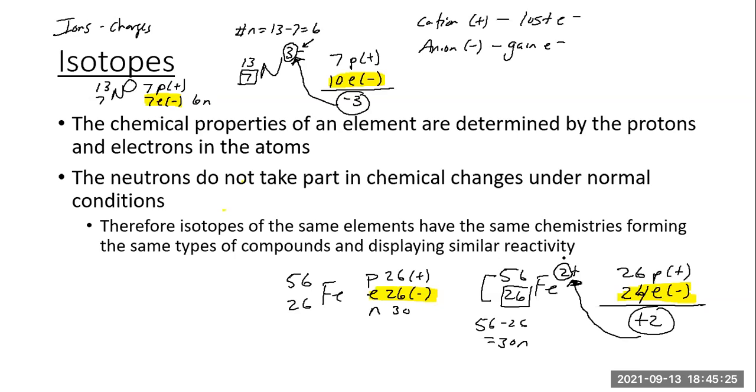Okay, so that leads us to isotopes. The chemical properties of elements are really determined by protons and electrons in an atom. Neutrons really don't play a part in normal chemical reactions. A really nice thing about isotopes is that there are a lot of radioactive versions of elements, and if you use a radioactive version of an element, you can follow what's happening with it. For example, I used to do experiments where I used a radioactive version of copper.